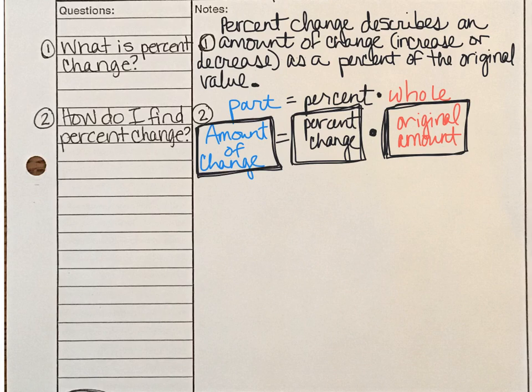So for this particular type of percent problem, the amount of change can be found by subtracting the original amount and the new amount.